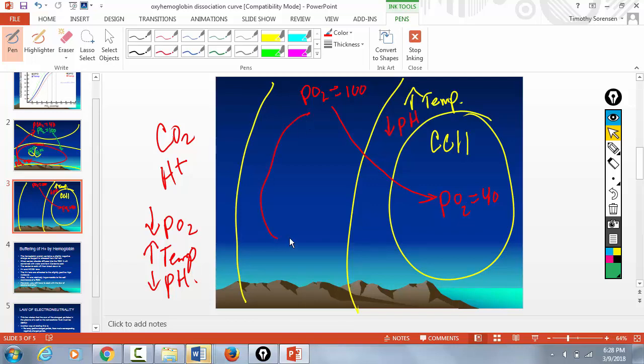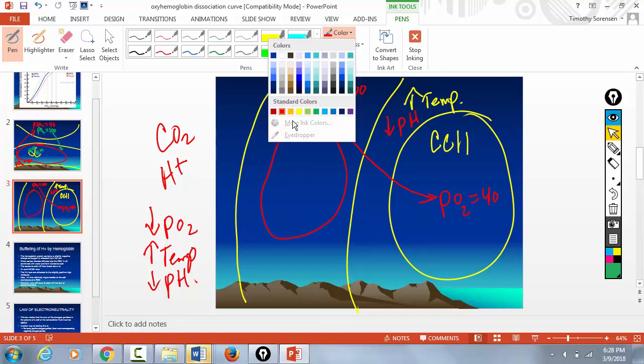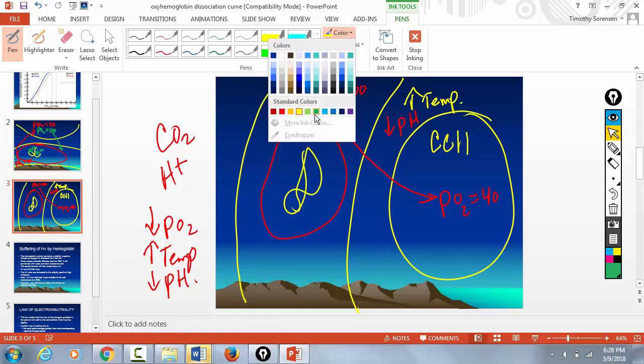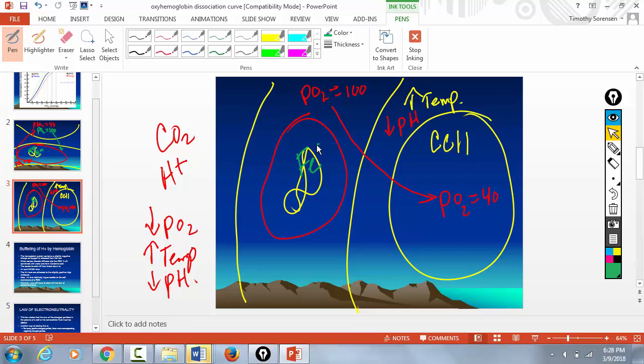So, red blood cell, hemoglobin. We know there's 4 irons in each hemoglobin, right? And then as the blood gets to the metabolically active cells, the temperature is going to go up, the pH is going to drop. What's the PO2 going to do?